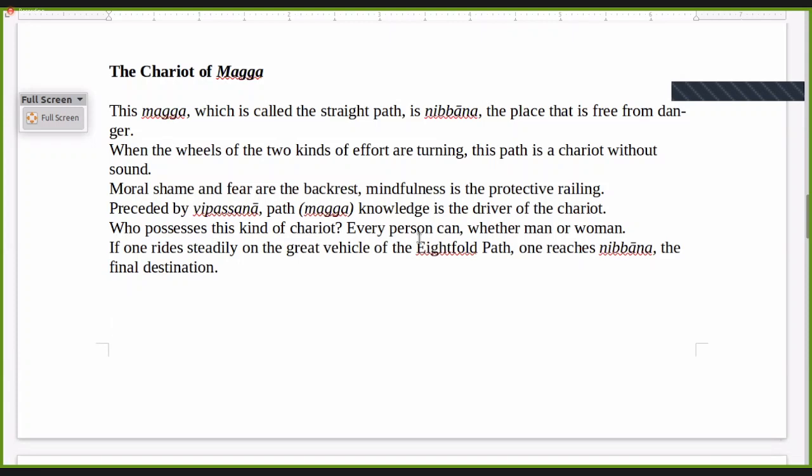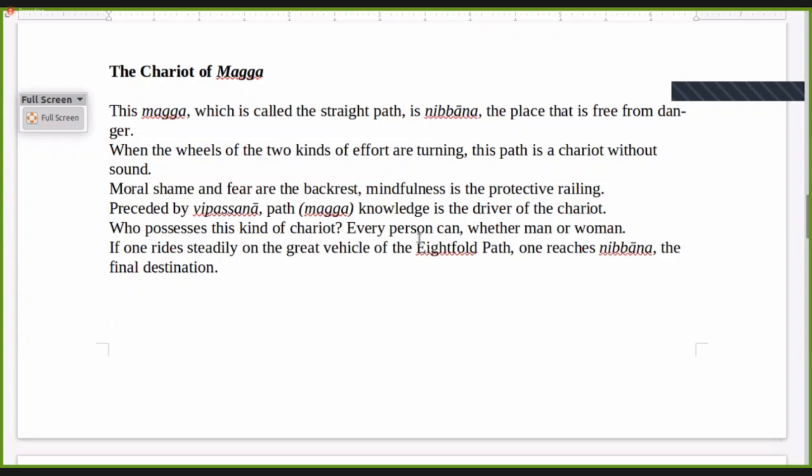Whoever possesses this kind of chariot, every person, whether man or woman, if one rides steadily on the great vehicle of the Eightfold Path, the yogi reaches Nirvana, the final destination.